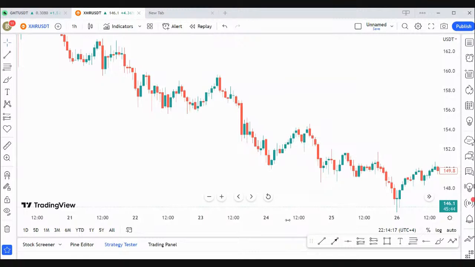Now, before you determine whether you are going to short in this particular imbalance, or you are going to long a coin in this particular imbalance, two things are important.